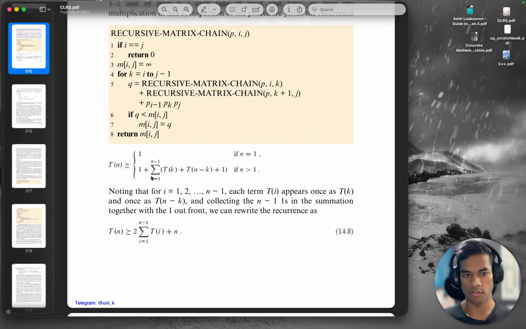This summation goes from 1 to n minus 1, and in each summation we are adding 1. So n minus 1 once plus this one which is outside, and the one out front, we get n plus n, and we can write our summation as this.